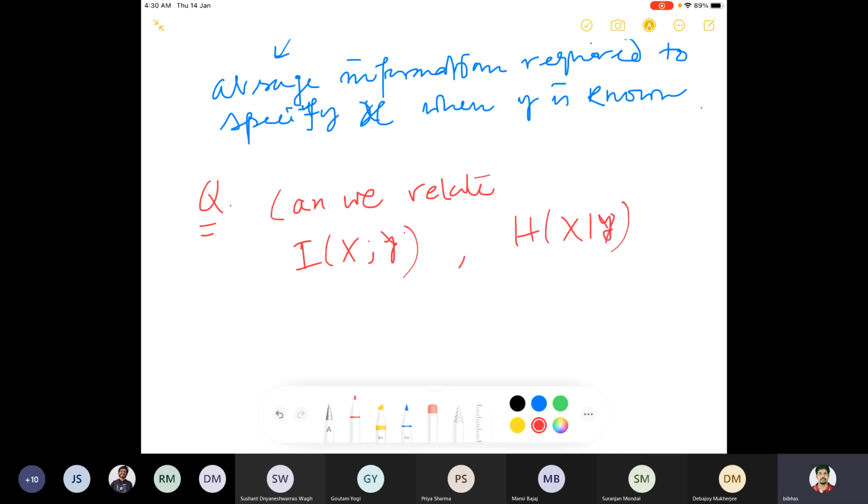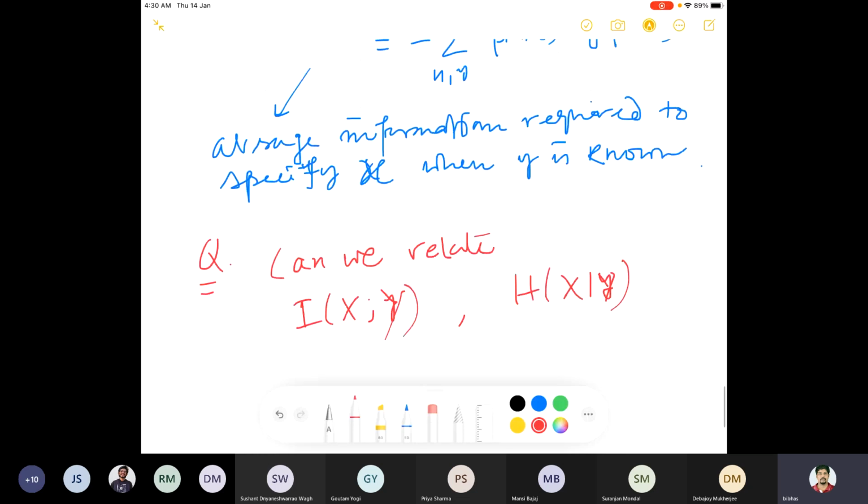One is the mutual information and this is the average information. Let's recall the definitions of I of X, Y and H of X given Y. Can you say anything about any relationship between these two?